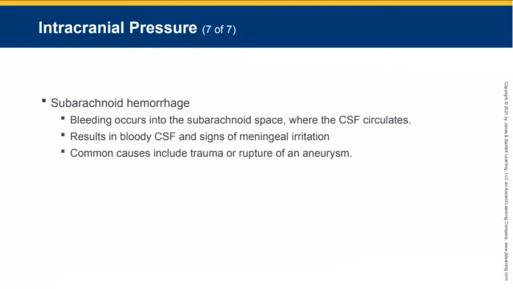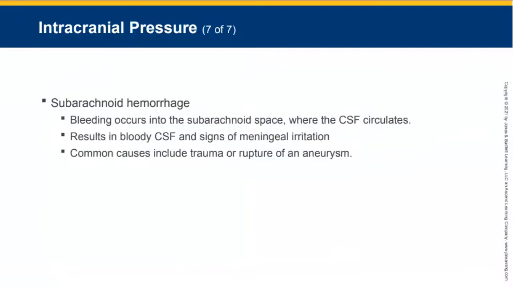The patient can also have a subarachnoid hemorrhage, and all that means is the bleeding is occurring underneath the arachnoid layer. So it's directly irritating the brain. Because it's directly irritating the brain, this patient will often complain of a severe headache.